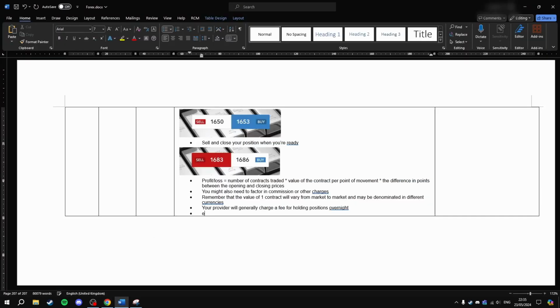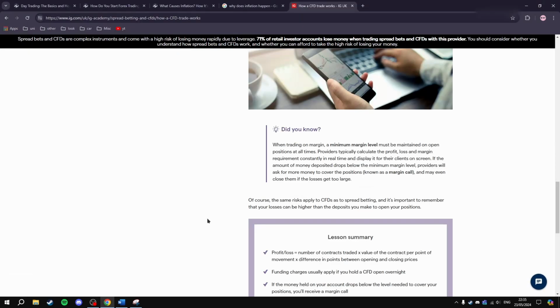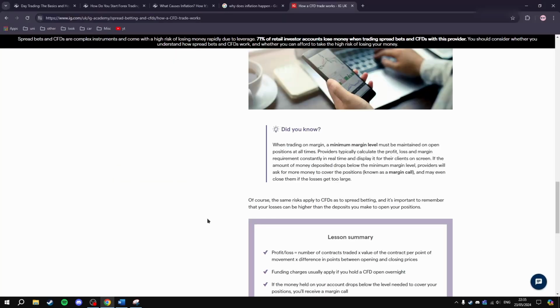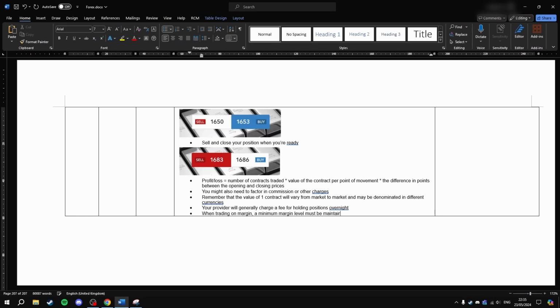So, when trading on margin, a minimum margin level must be maintained on open positions at all times.